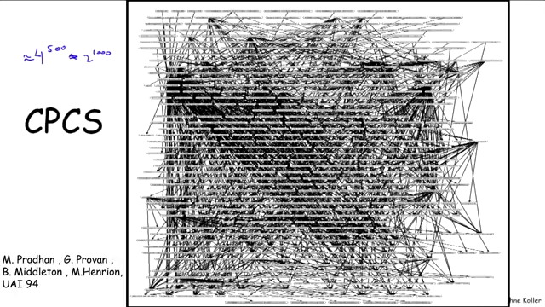If you were to actually construct a CPD for each one of these variables, the number of parameters would be about 133 million, which is considerably better than 2 to the 1,000, but still much too large.